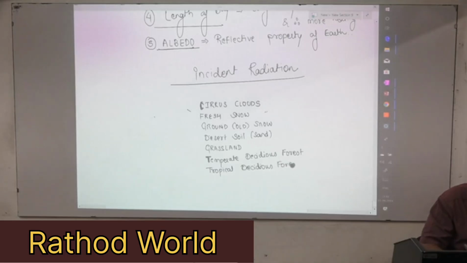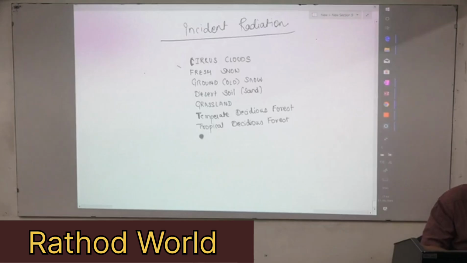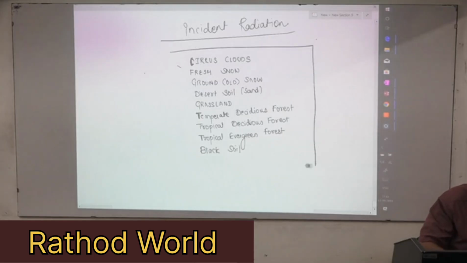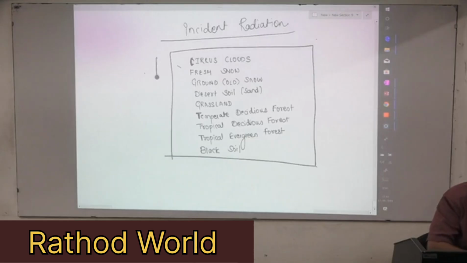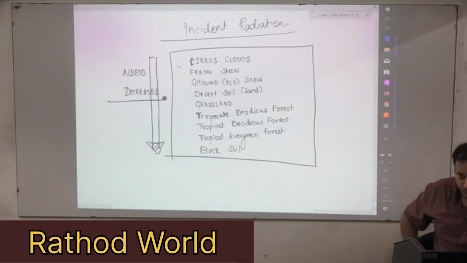You can just write deciduous forest also. मैं थोड़ा और डिटेल में दे रहा हूँ. Albedo will go on decreasing.